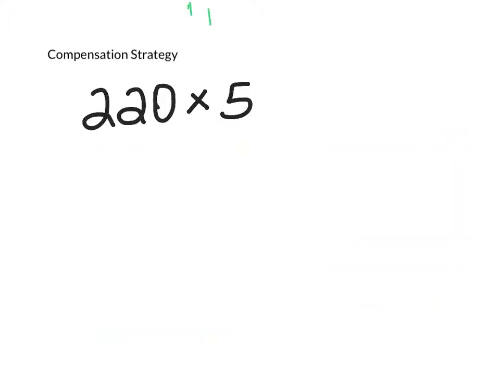Another compensation strategy that some problems might lend themselves to, or that some students might see, is where you half one of the numbers and double the other number. So you manipulate the problem that you're working on. So instead of 220 groups of 5, we're going to think about that as 110 groups of 10.